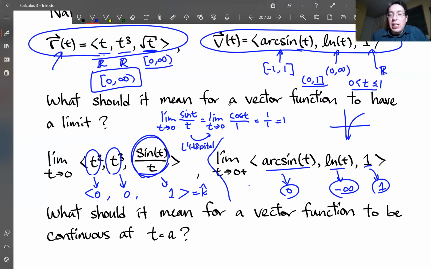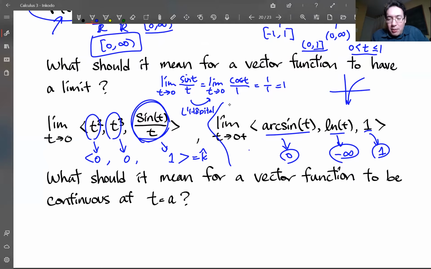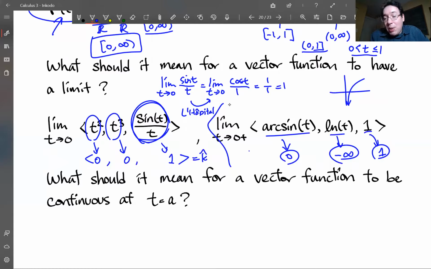So we take the same approach as with the domain. For the limit to exist, every single component has to have a limit. So we take a very restrictive definition of a limit there. Okay, that might lead to questions about continuity.